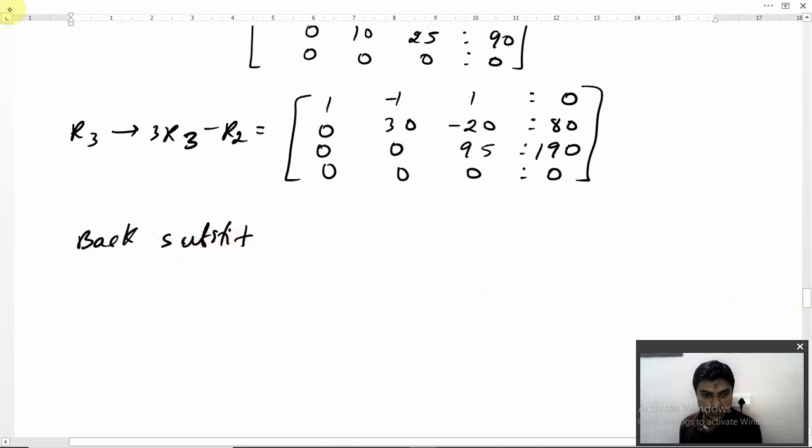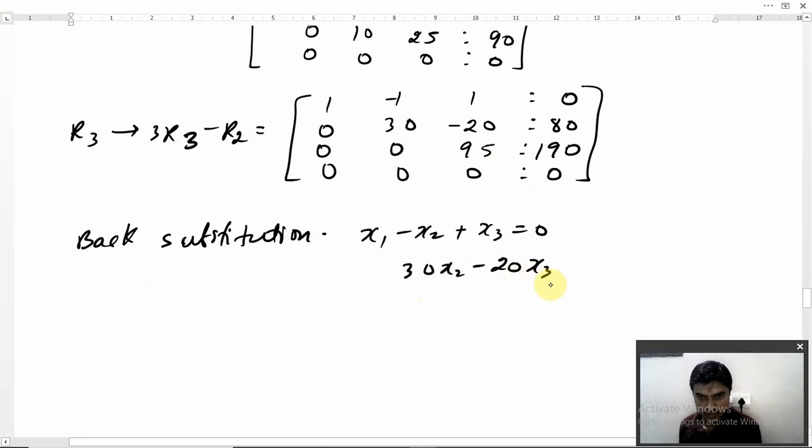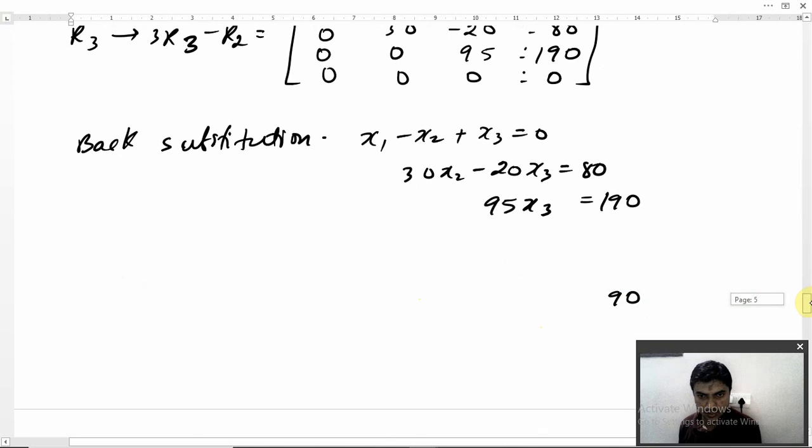In back substitution, please remember this, students. First write it in the equation: x1 minus x2 plus x3 is equal to 0. 30x2 minus 20x3 is equal to 80. 95x3 is equal to 190. So just I have to simplify and get the values x1, x2, x3.